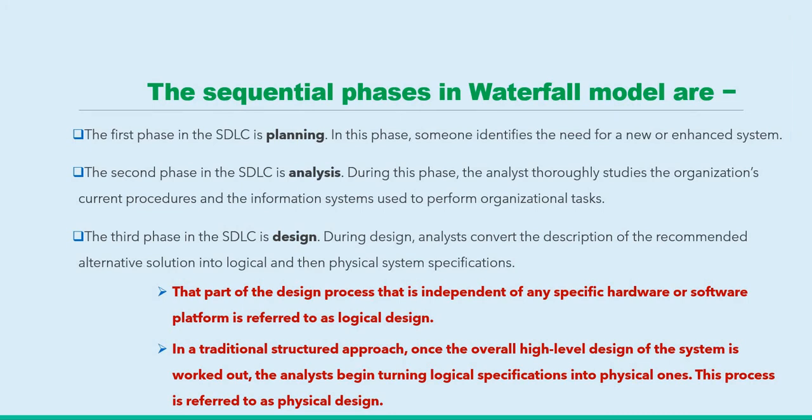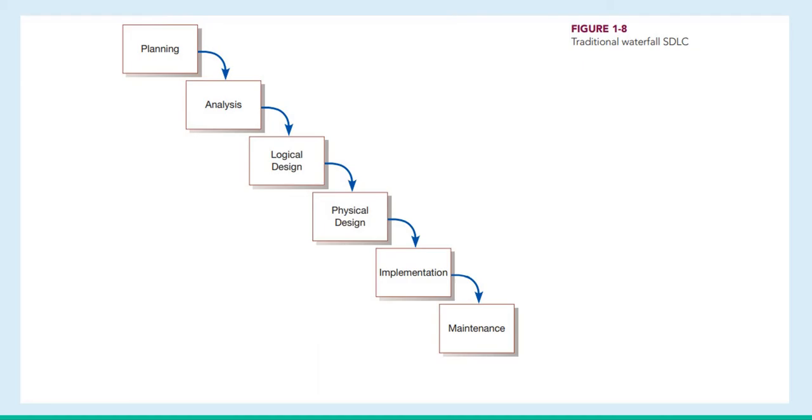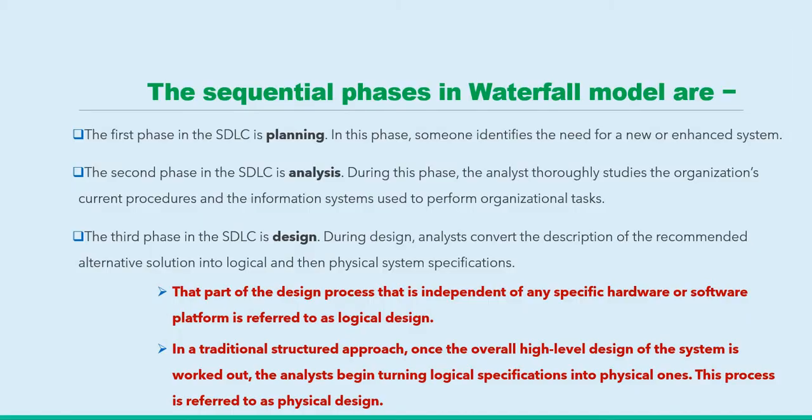The sequential phases in the waterfall model are: the first phase in the SDLC is planning. See, the first one is planning. In this phase, someone identifies the need for a new or enhanced system. That is, you identify the problem or identify the changes that need to be implemented in a system or to enhance a system.